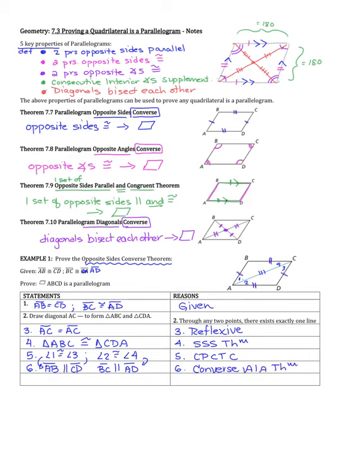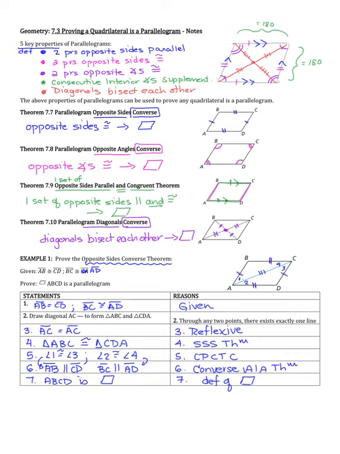So if you have the congruent alternate interior angles, you know that the lines creating those are going to be parallel. So now I have opposite sides parallel, which tells me that ABCD is in fact a parallelogram. How do I know that? Because that is the definition of a parallelogram, to have opposite sides parallel.